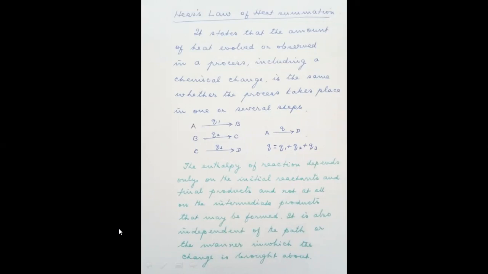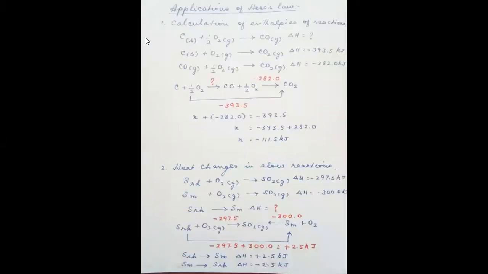So this is the entire picture of Hess's law. Now look, these are the applications of Hess's law. This is a very important concept you should understand. The first application is the calculation of enthalpies of reactions.